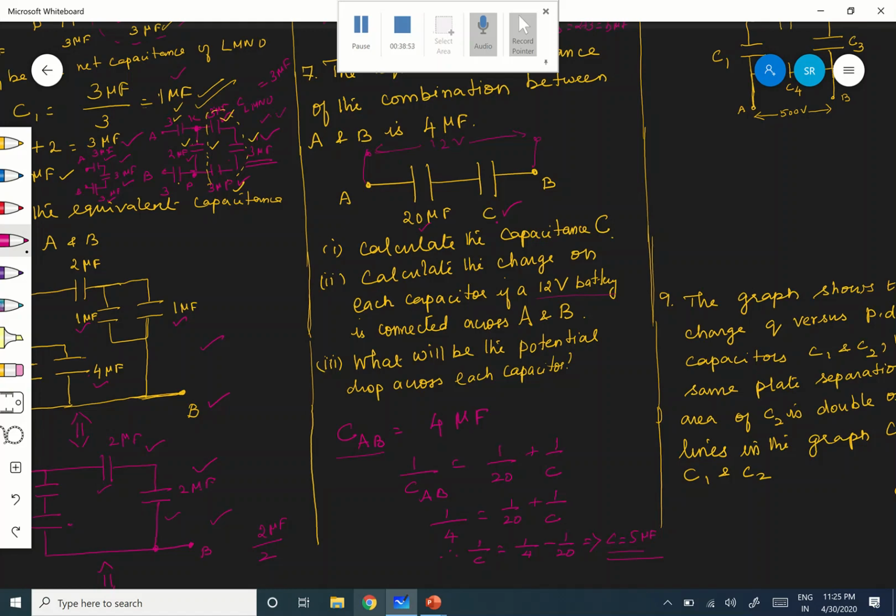You know that we have already seen in the combination of capacitors, if capacitors are connected in series, the charge on each capacitor will be the same, and that is nothing but the total charge.